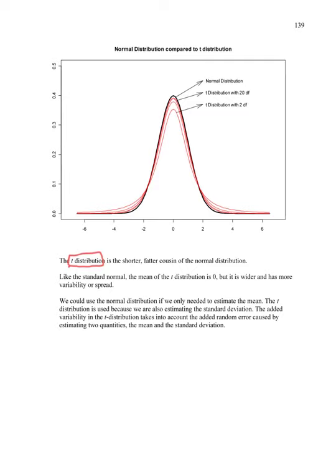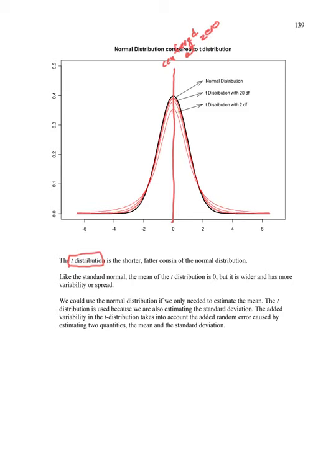So it's a whole family of cousins. The thing the whole family has in common is that they're all centered at 0. They're all bell-shaped, and they're all symmetric.